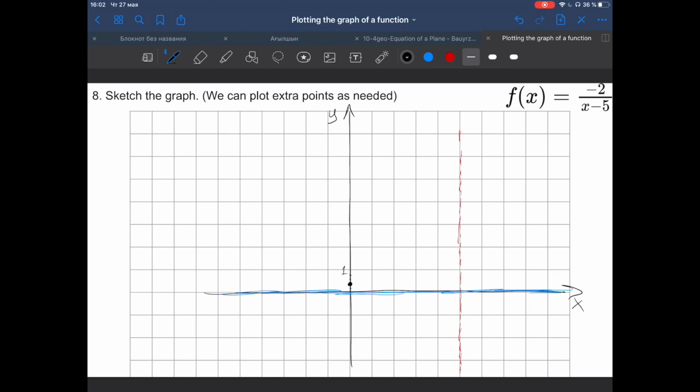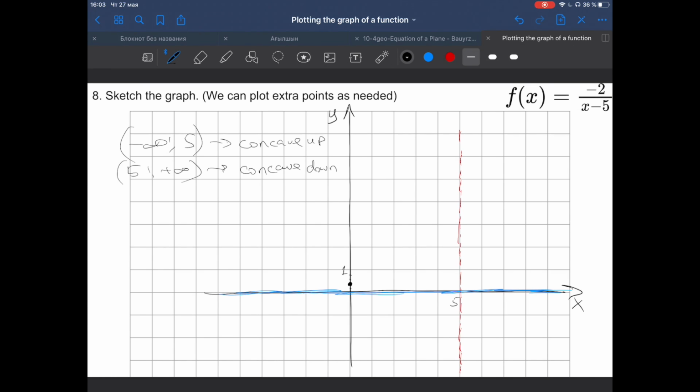Okay, next, we know that from minus infinity to 5, our graph is concave up. And from 5 to plus infinity, our graph is concave down. Let me take any point that we have from 0 to 5.